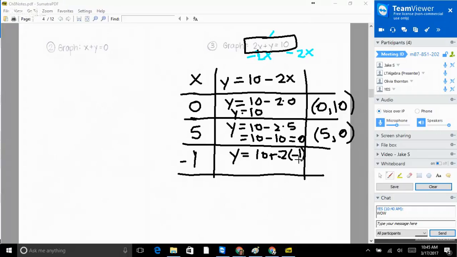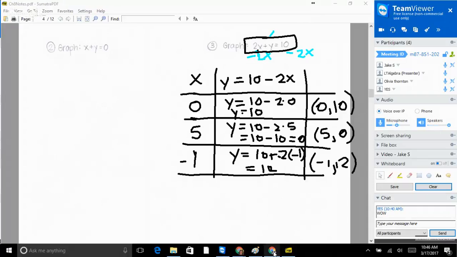So -2 times -1 is +2, so that means that y equals 12. So another point is at -1, 12. So now we have 3 points, right? Yes, awesome. I like the confidence.